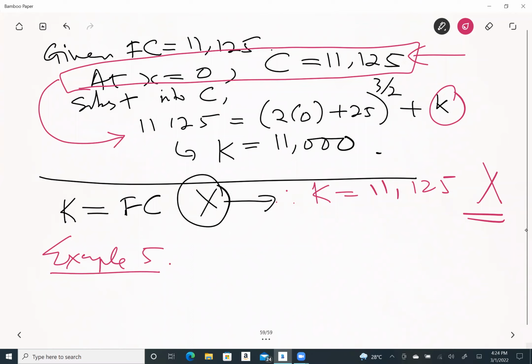So here, if you look at example 5, consumption is C, in dollars, in units of $1 trillion.